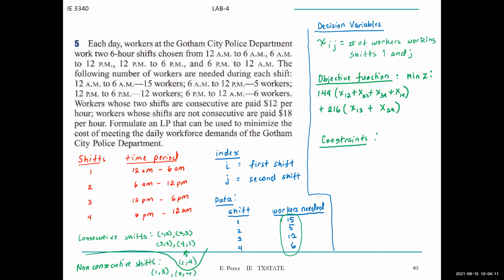So we have a constraint for each shift. So this is for shift 1, shift 2, shift 3, and shift 4.